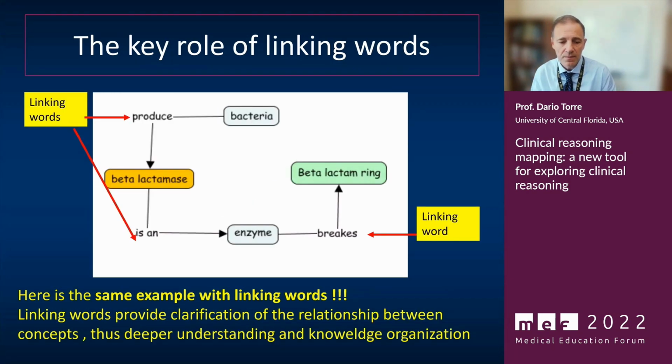As you can see, here is the same example with linking words. The linking words provide clarification about the relationship among those concepts, and therefore understanding of how the student's knowledge is organized. So in this case, bacteria produce beta-lactamase. Beta-lactamase is an enzyme that breaks the beta-lactam ring. It's just an example, but an important one for looking at the role of linking words.